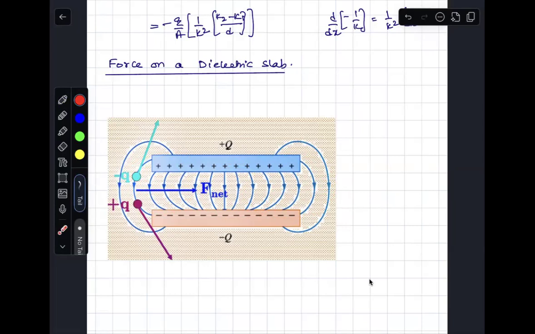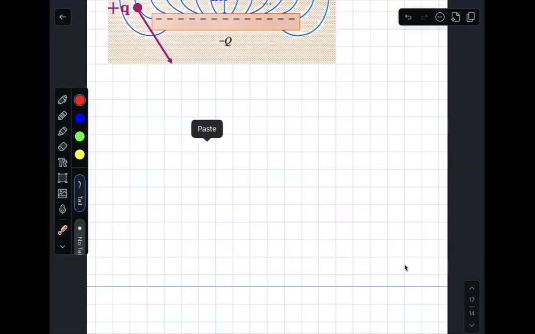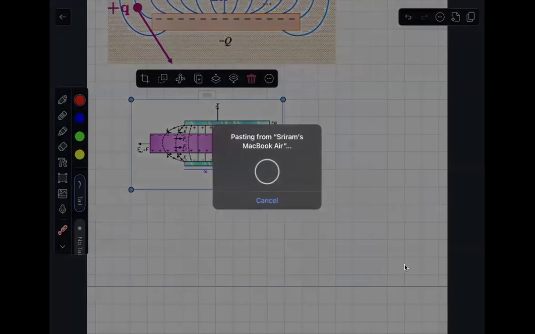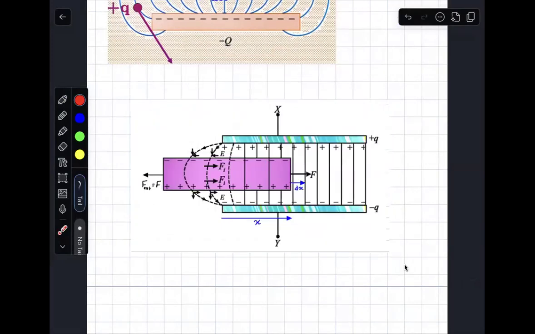Now, what is happening at this point when a dielectric is introduced? Now I am introducing a dielectric here.